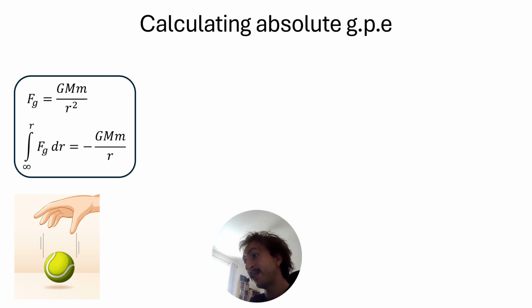If we didn't have a negative sign, we would be saying that as an object falls towards a planet, both its kinetic energy and potential energy increase, which would violate the conservation of energy. So we have to have that minus sign there. If kinetic energy goes up, potential energy goes down, and vice versa. If the kinetic energy goes down, the potential energy will go up, but will reach zero at an infinite distance.